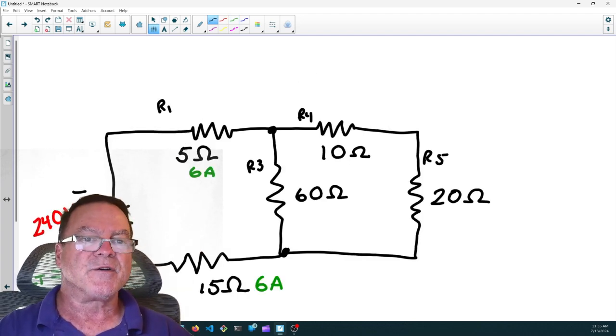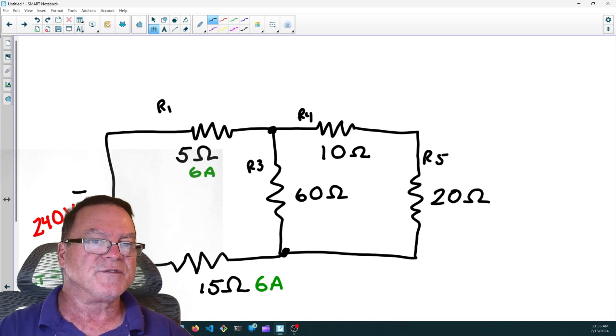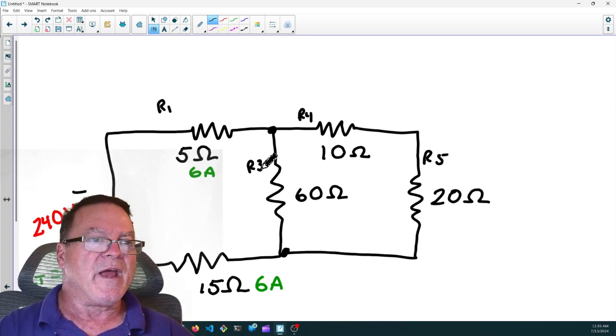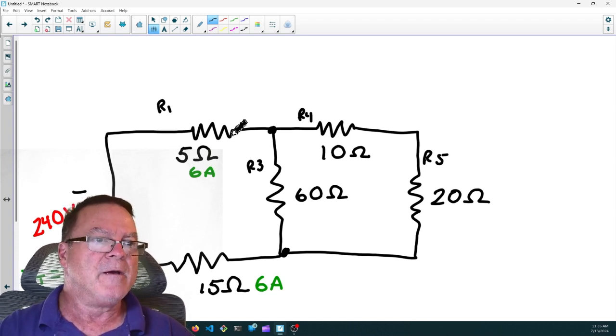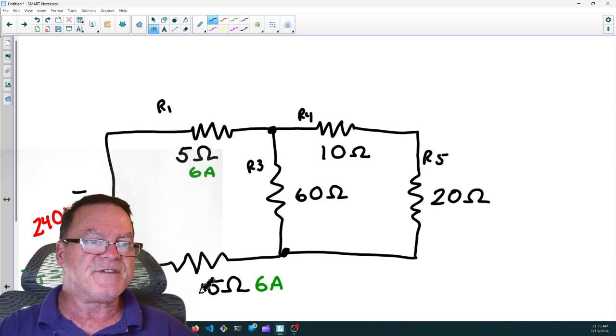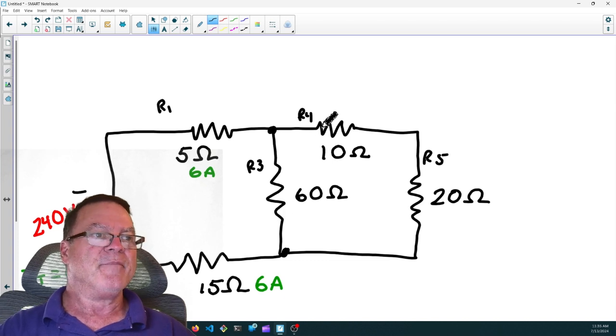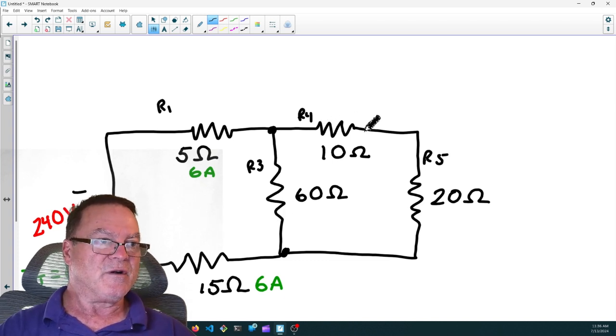Okay, this is our circuit. We have 240 volts at the source. We have a 5 ohm resistor R1, a 15 ohm resistor R2, a 60 ohm resistor R3, a 10 ohm resistor R4, and a 20 ohm resistor R5.